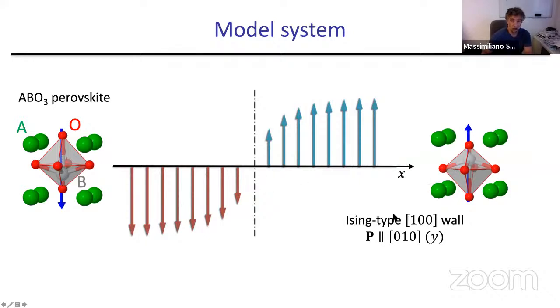We'll be focusing on an Ising type 100 oriented wall, which is one of the main pseudo-cubic axes, with a one-dimensional polarization that is always oriented along the 0, 1, 0 direction, which we'll call Y in the rest of the talk.